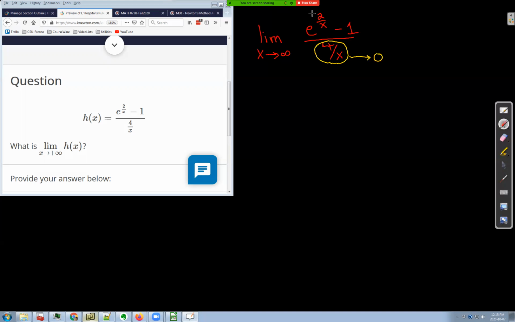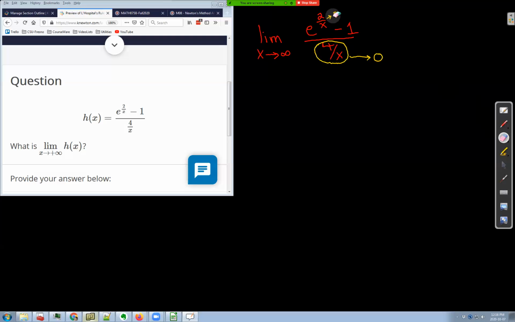And now what about the numerator? The same thing's going to be happening here: that 2 over x is going to be getting close to 0, because as x goes to infinity, 2 is getting divided by a really big number. But if that's getting close to 0, what's e to the 0?